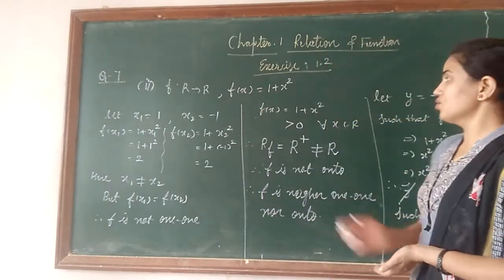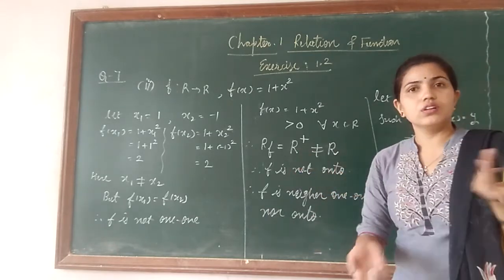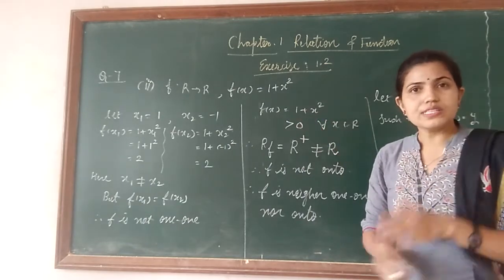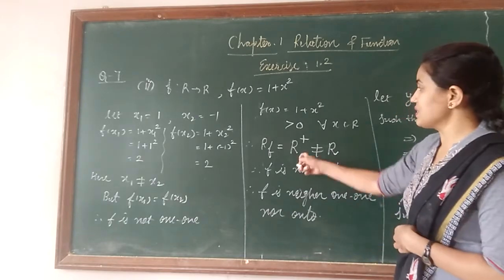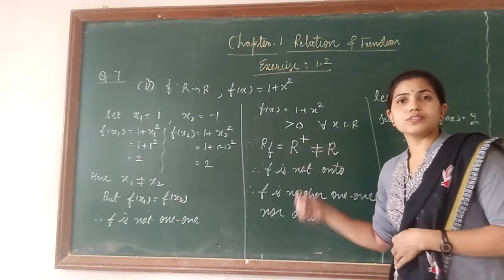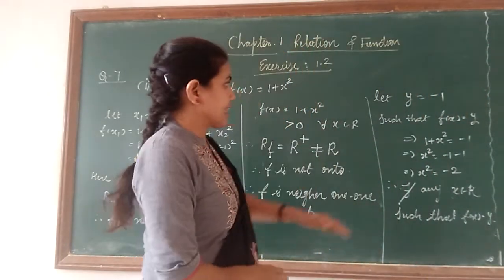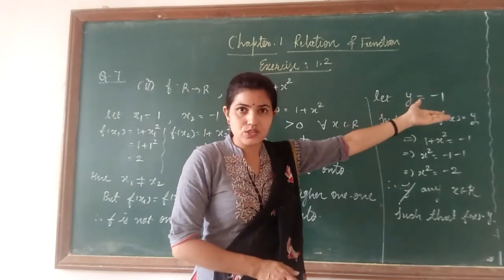Similarly for onto, this part is easy for us as we can find the range of the function. As 1 plus x square is always a positive number, our range is always positive numbers, that means R plus, which is not equal to R, and hence it is not onto. If you want to use the second method, you can take any negative number such that f of x is equal to y.